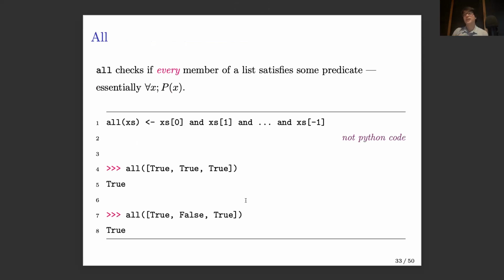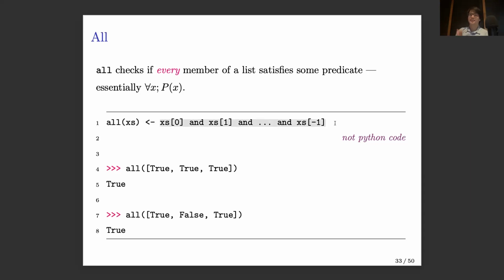All. This is very useful. I'm sure you can find use cases for this. All checks if every member of a list satisfies some predicate. So if you want to see if a bunch of conditions are true simultaneously, one way you can do it is to write a gigantic if statement. Another way of doing it is to use all. In Python everything has a Boolean value, but you typically give all a list of Booleans, and all evaluates to this statement.